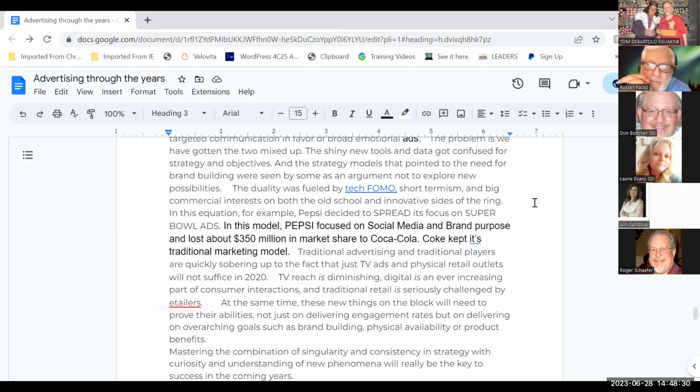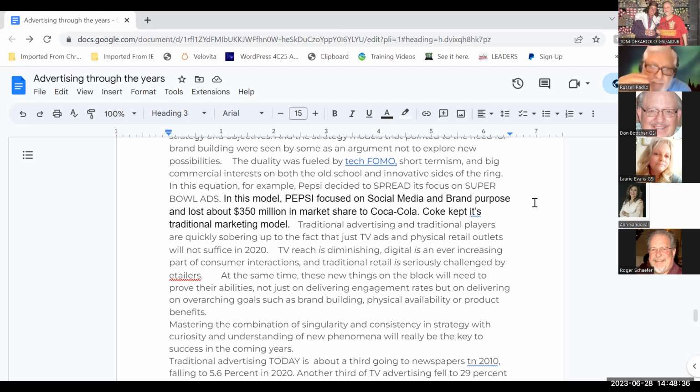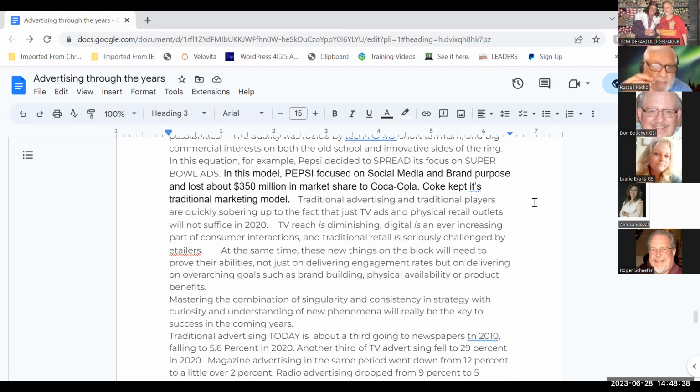Traditional advertising and traditional players are quickly sobering up to the fact that just TV ads and physical retail outlets will not suffice in the year 2020. TV reach is diminishing. Digital is an ever-increasing part of our consumer interactions, and traditional retail is seriously challenged by e-tailers.